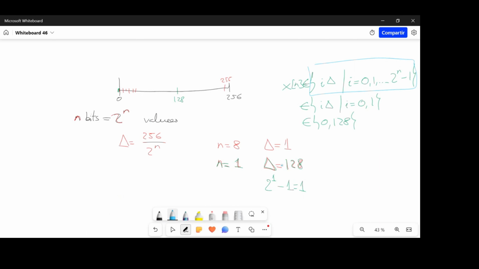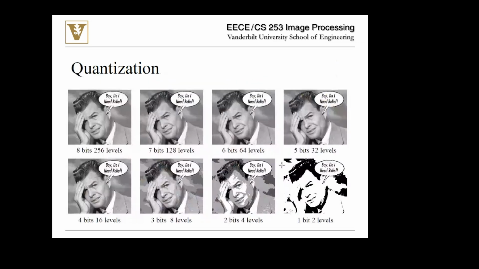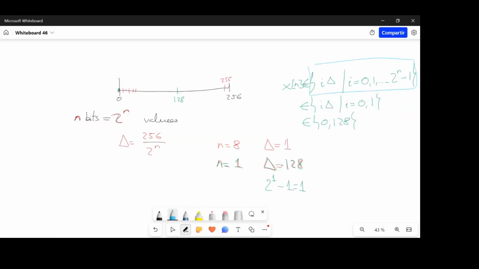Okay, so these are our values. Now, with 1 bit, we will be able to get only 2 values.